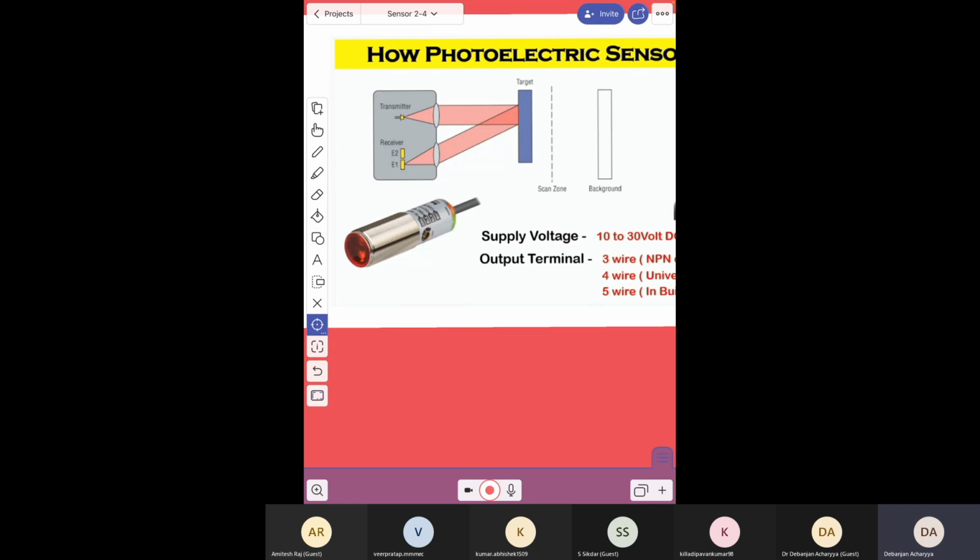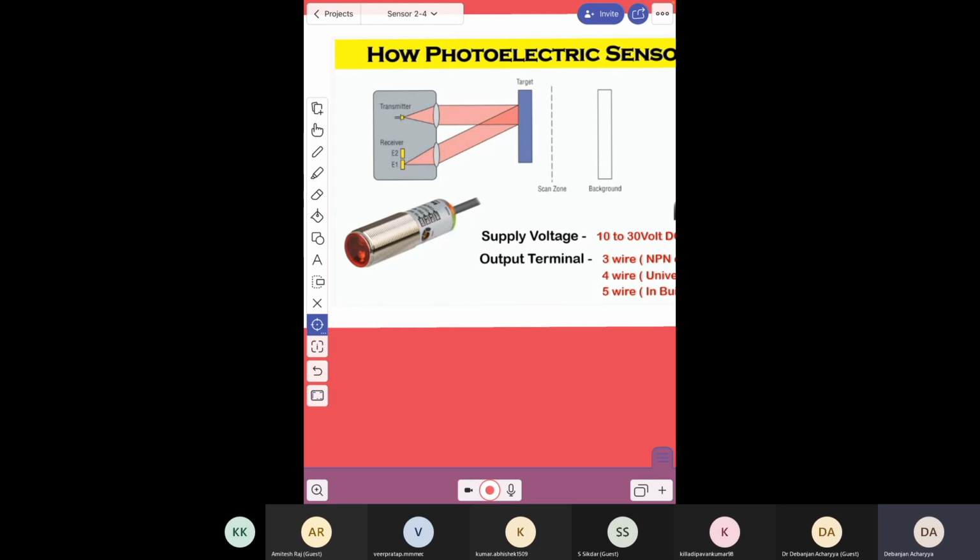The transmitter is any kind of electric light source, which may be an LED or a laser. You transmit light, and after reflecting from a target, that reflected light is sensed by the receiver. The receiver is generally a photodiode.